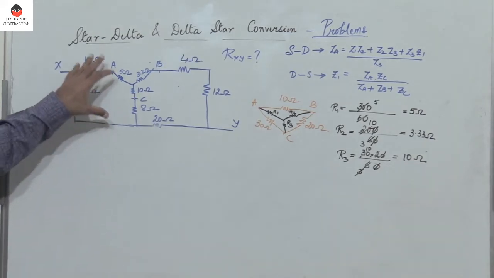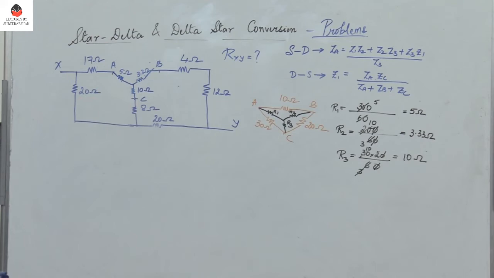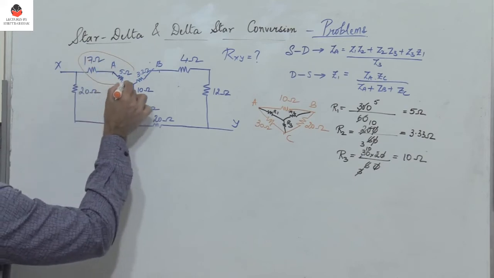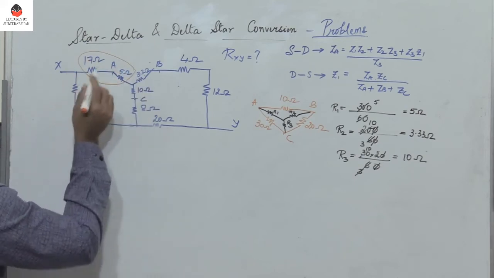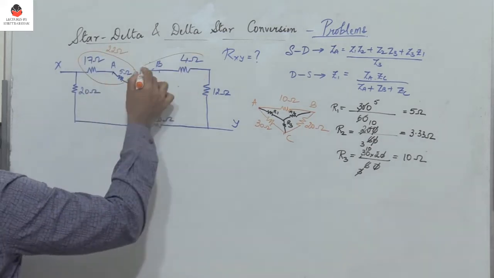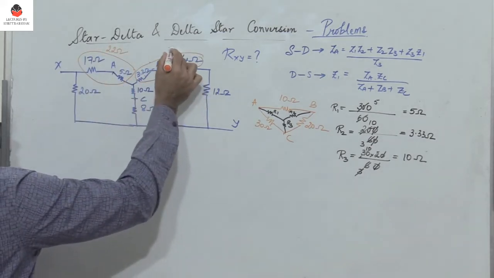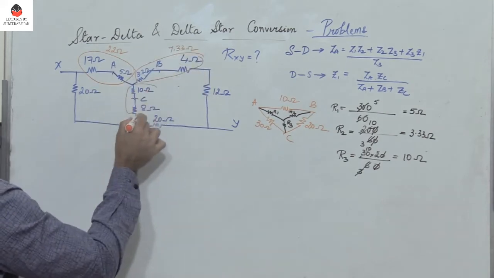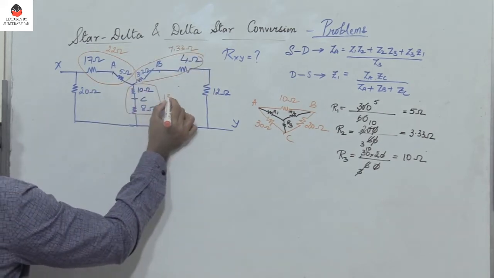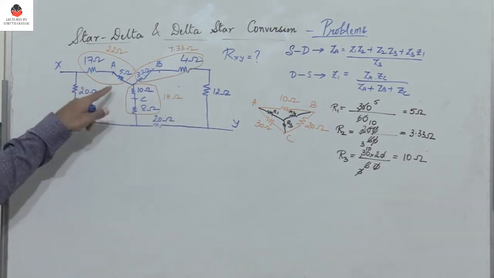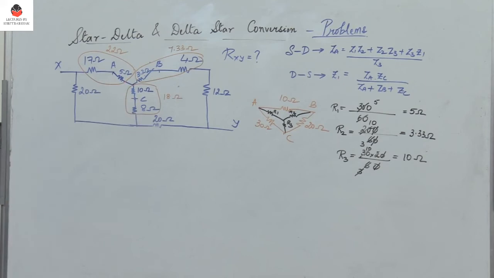So the moment we convert a delta to a star, what do we observe? We observe that these two resistors are in series, right? So you get 17 plus 5, which is 22 ohm. These two resistors are in series, which is 7.33 ohms. And these two resistors also are in series, so you get 18 ohm. So I can replace all of them by these three resistors, right?